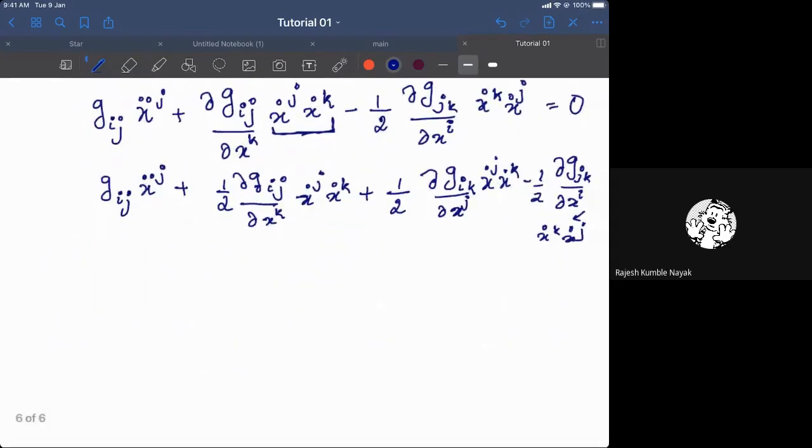Can you repeat again? Now I have a term here. Okay, this term is symmetric. The anti-symmetric part of this term is not going to contribute, because this term multiplies x dot k and x dot j, which are symmetric, and you are contracting, summing over, taking the dot product.